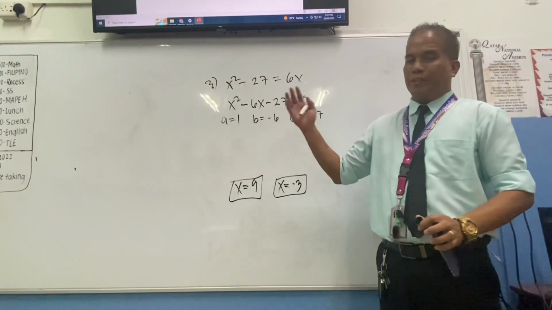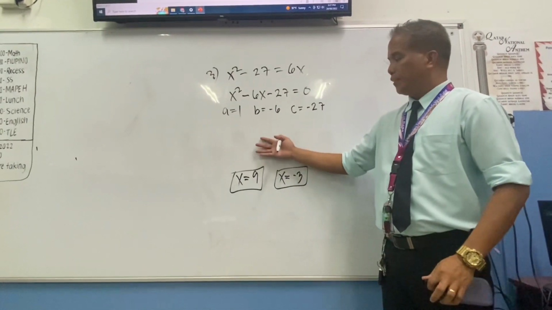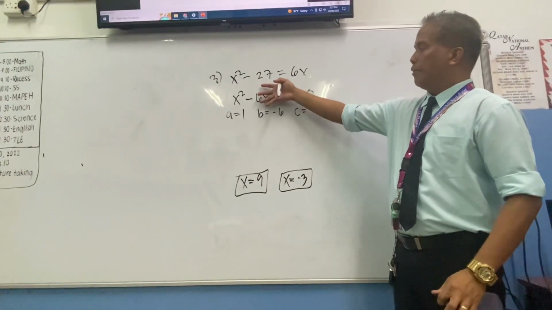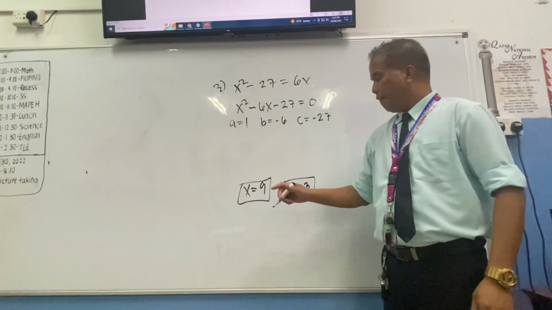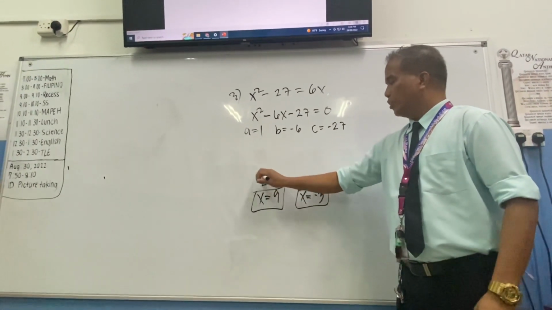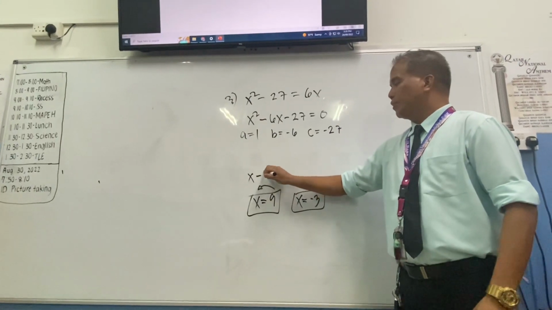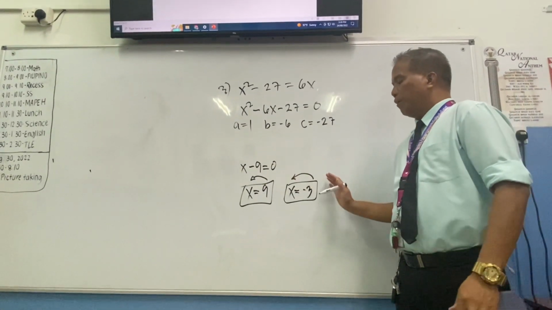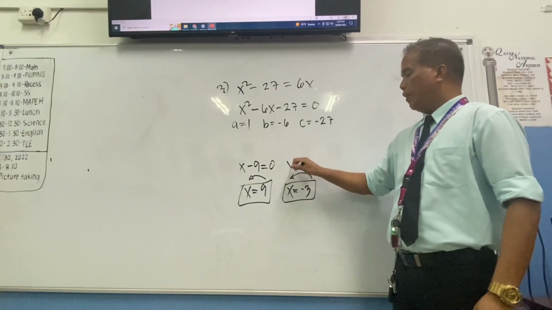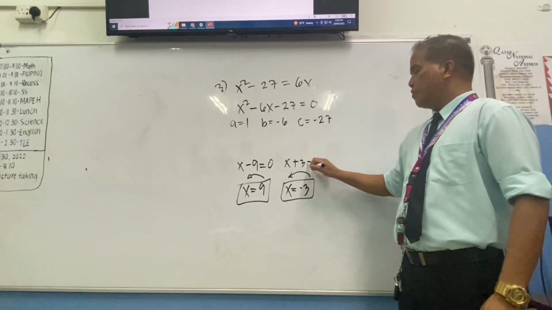Now, the problem is the solution, the process. So you have the answer, we have the given question, then the answer. To write the solution is like this. Transpose 9, so it will become x - 9 = 0. Then transpose negative 3 from right to left, so we have now x + 3 = 0.